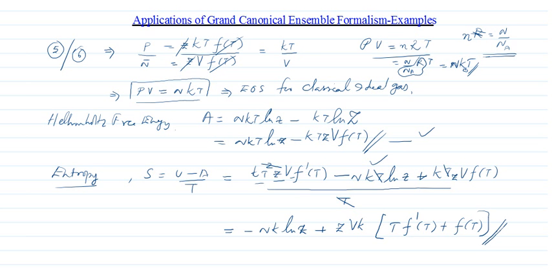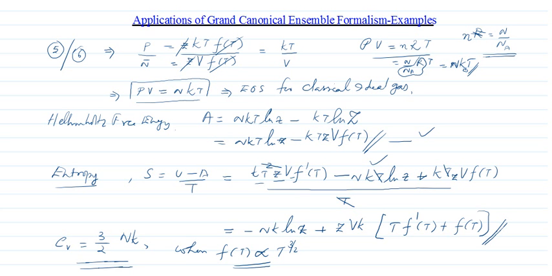Similarly, you can prove that the heat capacity Cv is equal to 3 by 2 Nk, the value that we usually use, provided f of T is assumed to be proportional to T raised to 3 by 2. So depending on the assumption for f of T, you get back this familiar equation for Cv as well.